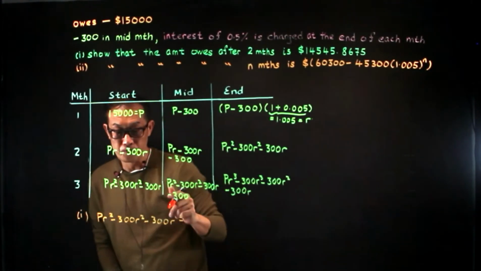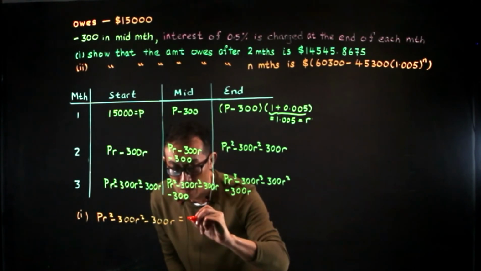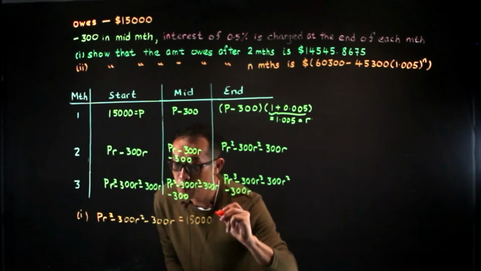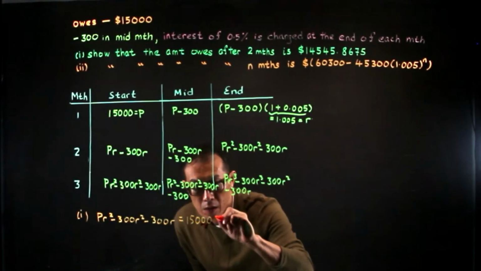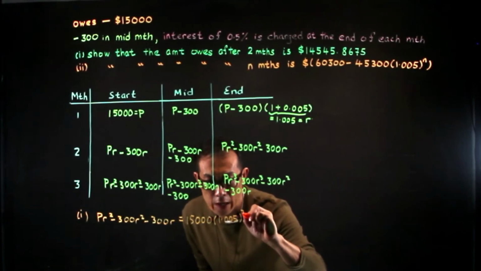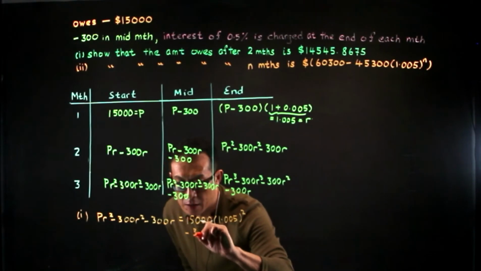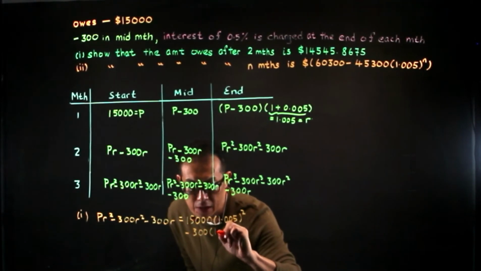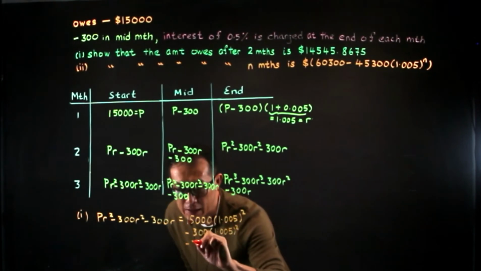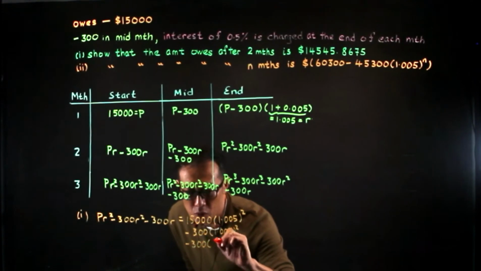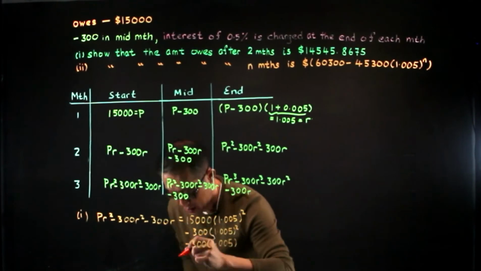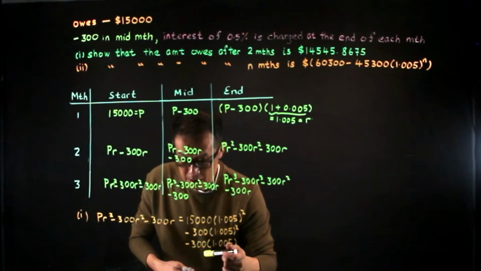You substitute 15000 for P, so it will be 15000 times 1.005 squared, minus 300 times 1.005 squared, then minus 300 times 1.005.